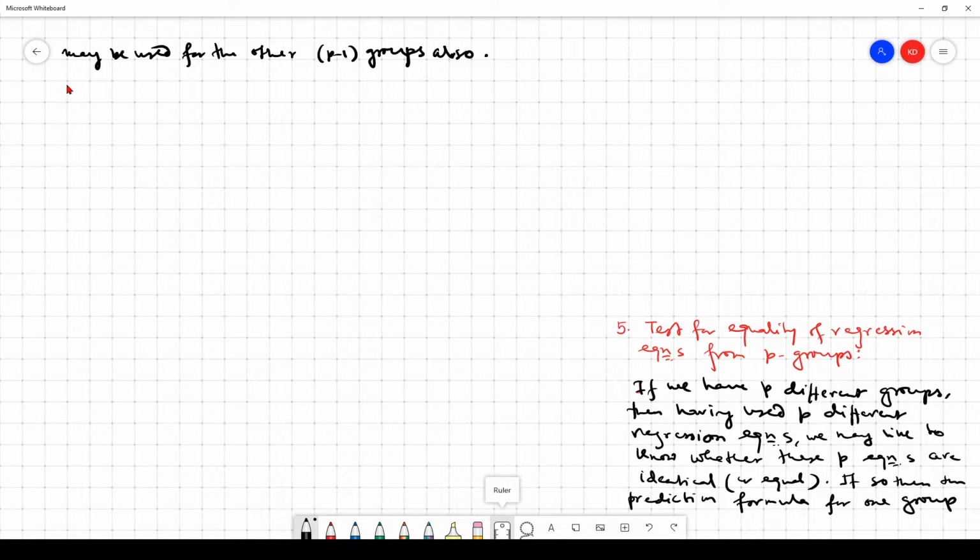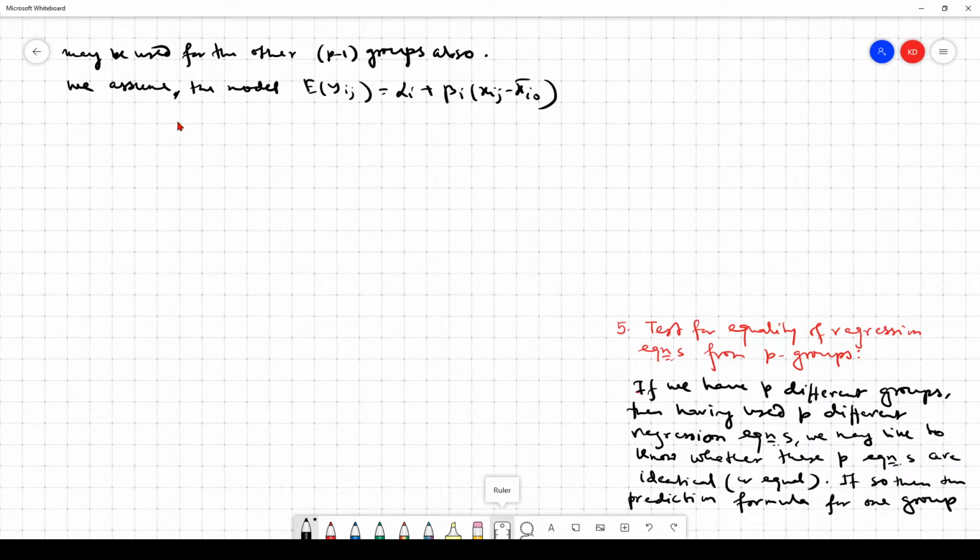We assume the model: the expectation of Yij is equal to alpha i plus beta i times Xij minus Xi naught bar.